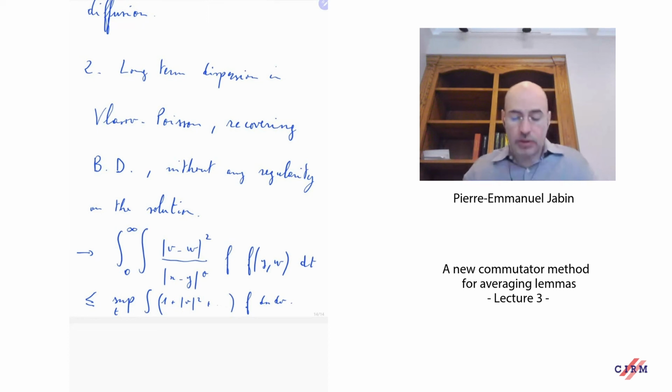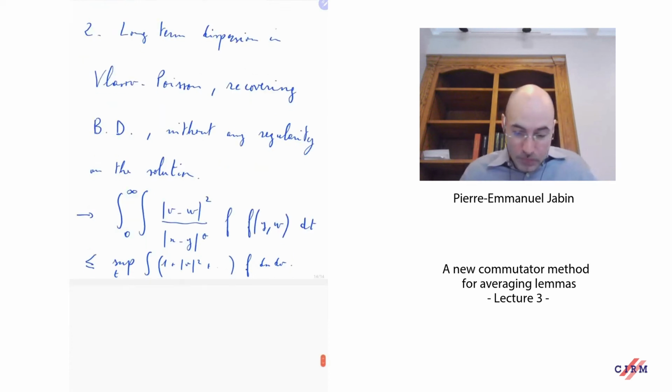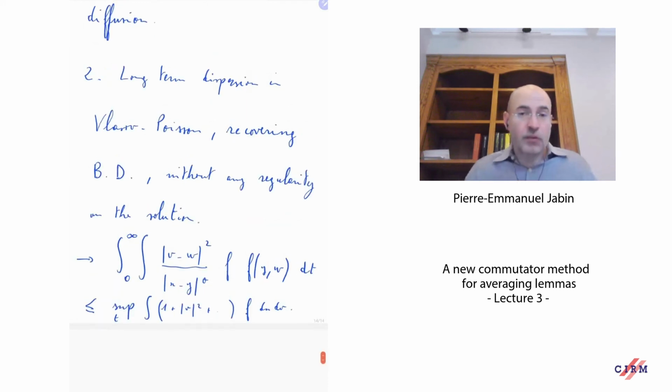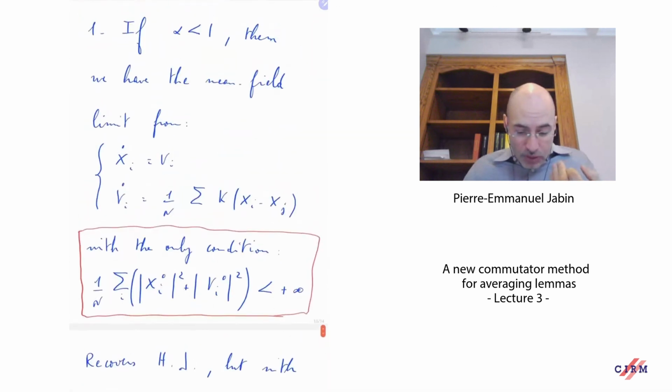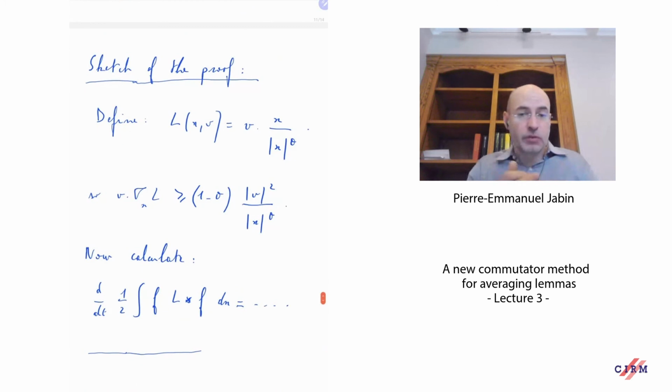Now you have to work quite a little bit more here to get to a precise result, but that's possible. So again, this is a different way of seeing this kind of commutator method, with pretty much a very similar idea. Again, now I'm doing the dispersion in the real space instead of doing it in Fourier.